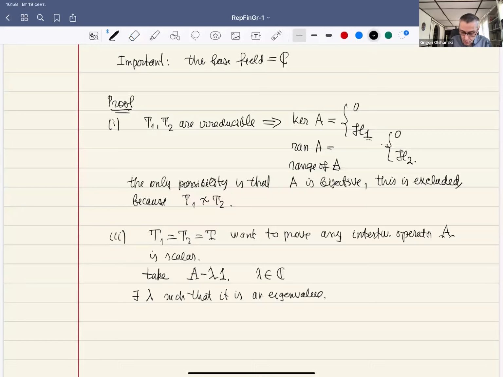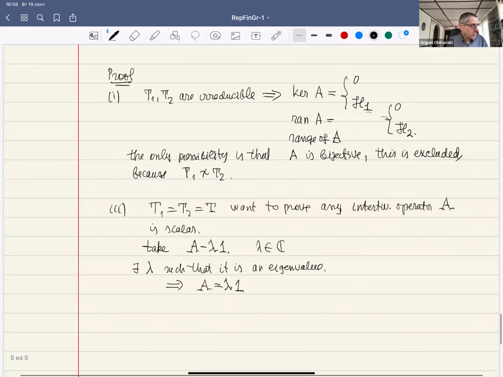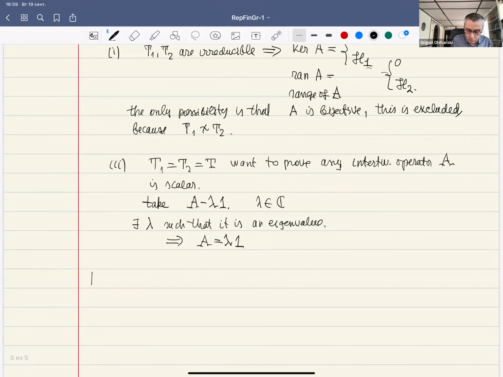And so we conclude A is simply equal to this scalar. Because otherwise we would obtain some non-trivial invariant subspace, the eigen subspace corresponding to lambda. So this is the Schur lemma. The next remark is the additivity property.